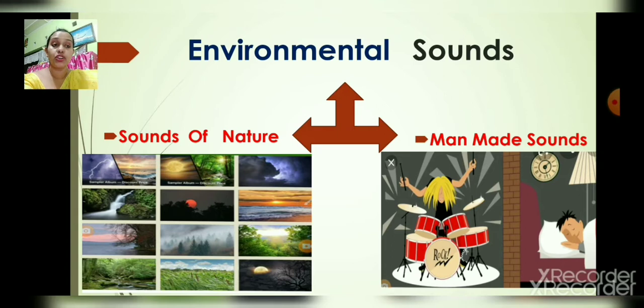Observe that picture also. You can see more differences between sounds of nature and man-made sounds. There are so many differences between these sounds. So, in this slide, we divided the sounds into two sections, that is sounds of nature and man-made sounds.